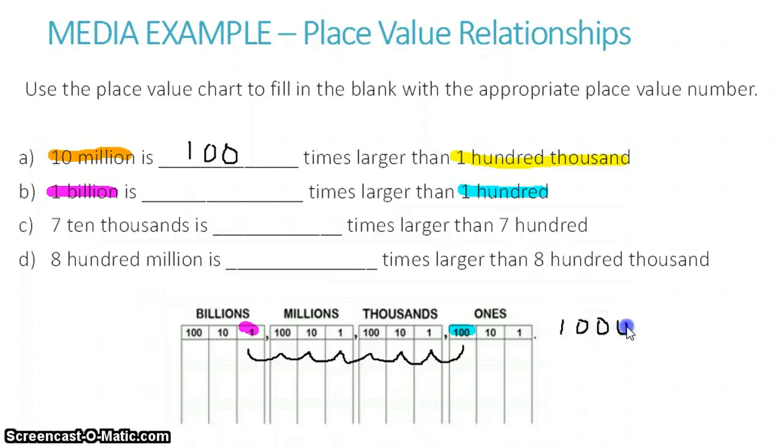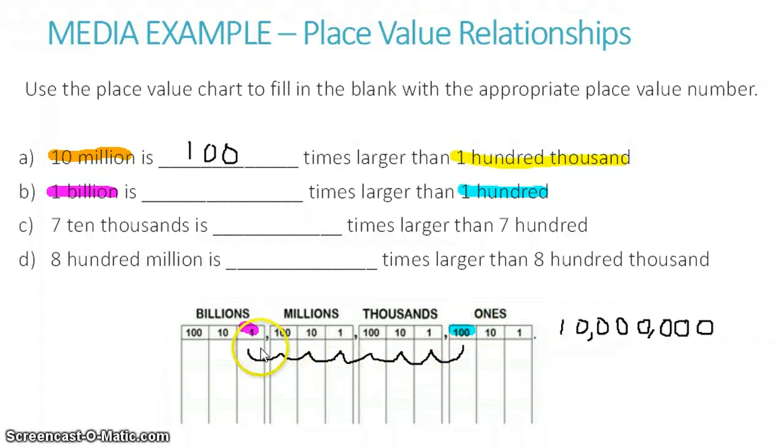which is equivalent to a 1 followed by 7 zeros. So 3, 4, 5, 6, 7. Now, I'm not even sure what that number is until I put in the commas. So I'll start at the right, and then I'll count 1, 2, 3 numbers, and then put in a comma. 1, 2, 3, and that's where the comma goes. So 1 billion is 10 million times as large as 100.